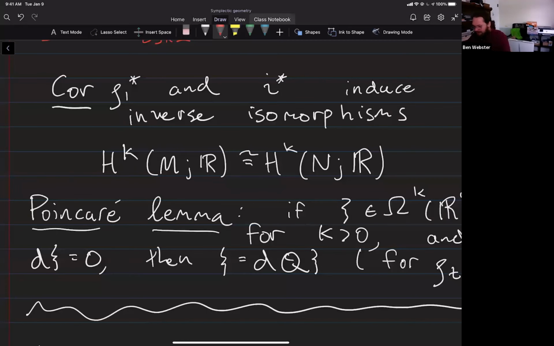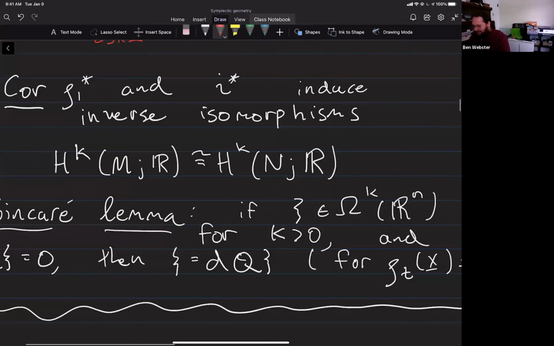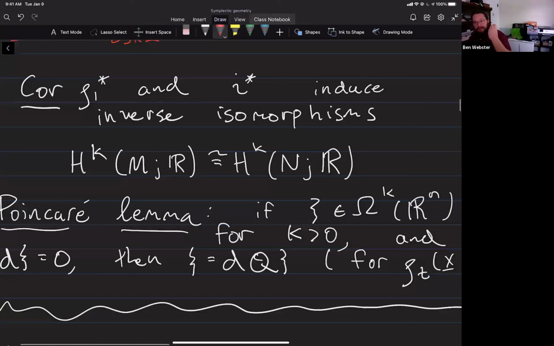The most important example of this for us is going to be the most obvious one, which is if I have a K form on Rn whose derivative is 0, and just to simplify my life, I'm assuming K is bigger than 0. I have to worry about constant functions if K is 0.